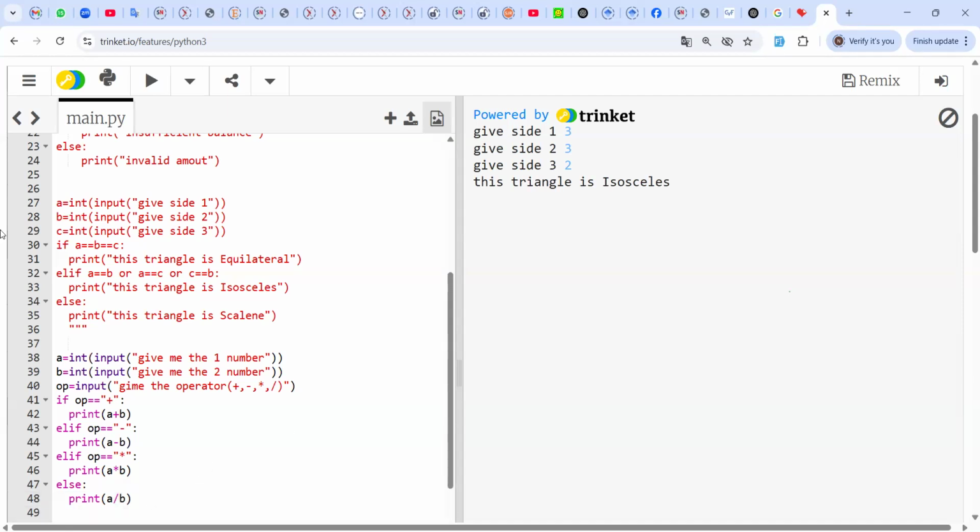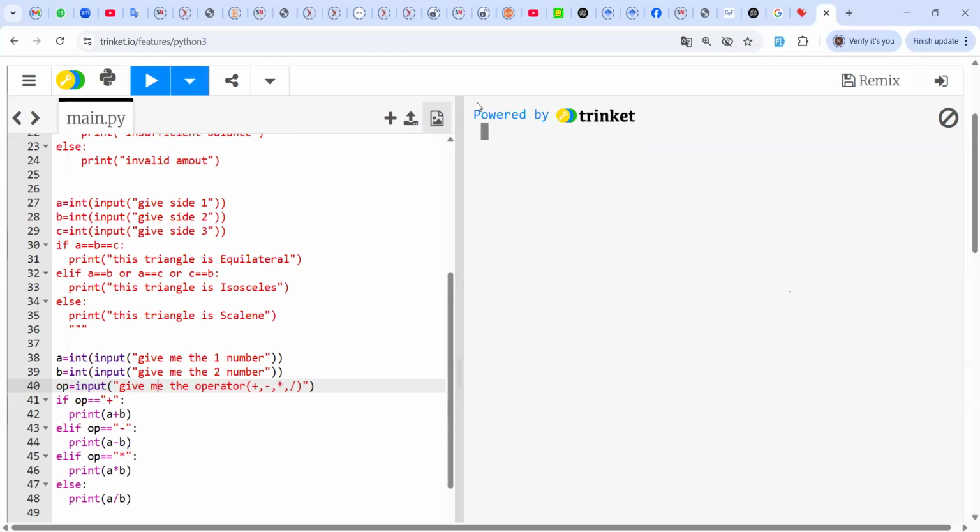Yeah, clear. Okay, we're going to run the script. It asks for the first number, I'm going to give it 10. The second number, I'm going to give it 5. Sorry, give me the operator. Let's rerun it again.